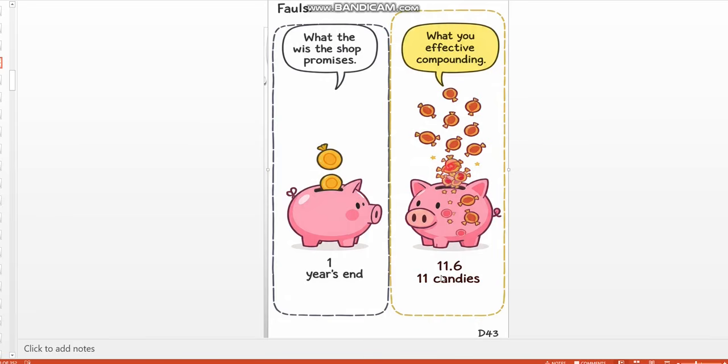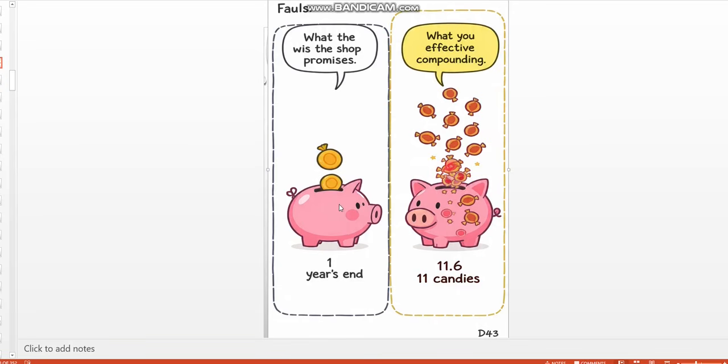Ultimately, the number of sweets that you would have paid will be far more than just looking at it with adding one sweet. Hence you get 11.6. That 1.6 is an extra, the interest that is being added here. So nominal interest rate and effective interest rate, that is the main difference between the two.